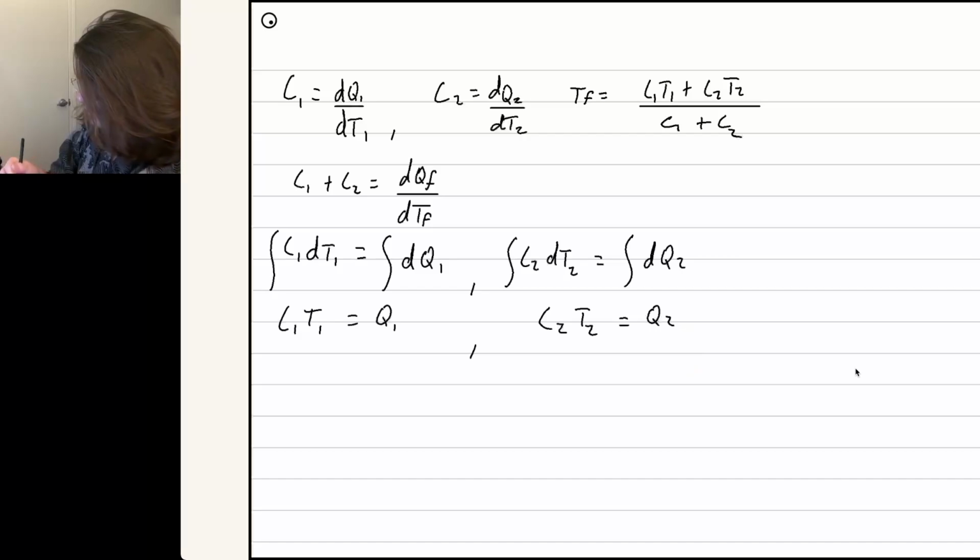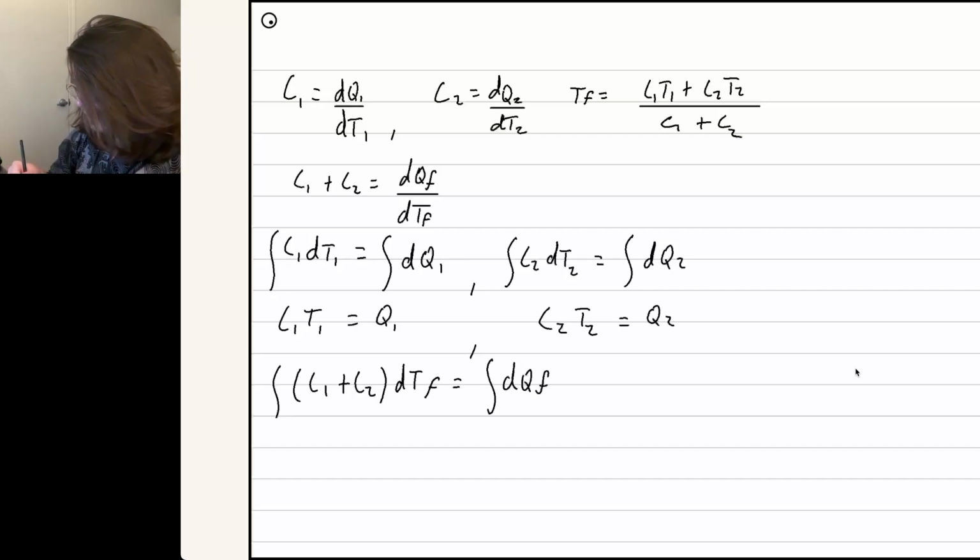And then the last differential equation is going to read the integral of C1 plus C2 dTF is equal to the integral of dQF, which when you integrate gives you TF times C1 plus C2 is equal to QF.